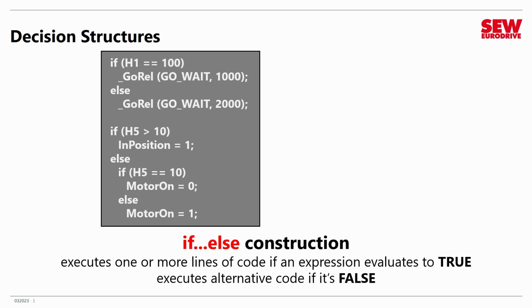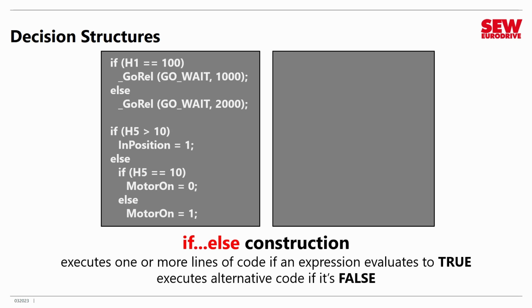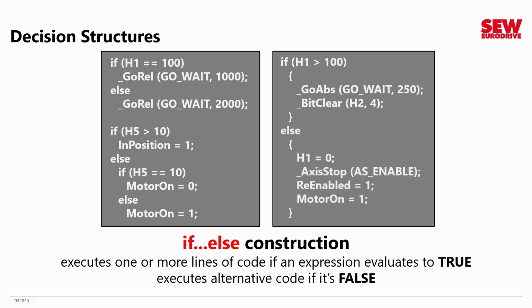You can build some very complicated decision-making structures. And again, of course, if you need multiple lines, then you've got to use curly braces. If h1 is greater than 100, go ABS and do a bit clear. And if h1 wasn't greater than 100, do these four lines of code. Set h1 to 0, do an axis stop, set re-enabled to 1, set motor on to 1. I think you get the idea.